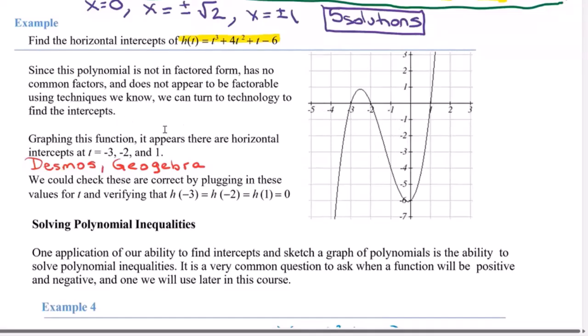So using a calculator works very well. We could also check these numbers by plugging them into our original equation and making sure it's equal to 0. But if we can't factor it and it's above a quadratic, which means that the degree is higher than 2, we really do need to break out a graphing calculator.